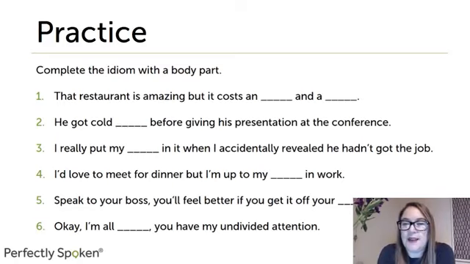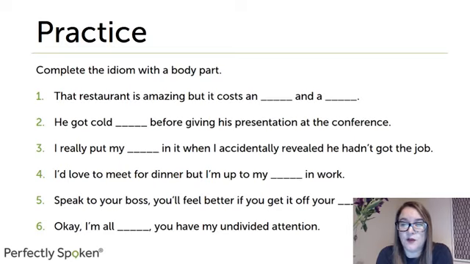So, complete the idiom with a body part. There are 6 idioms we've just looked at. Number 1, that restaurant is amazing, but it costs an blank and a blank. Number 2, he got cold blank before giving his presentation at the conference. Number 3, I really put my blank in it when I accidentally revealed he hadn't got the job.